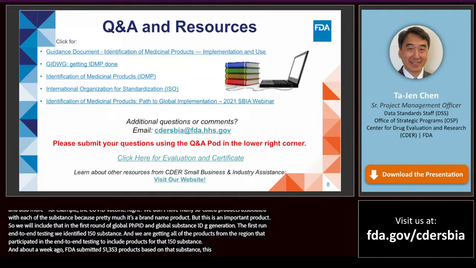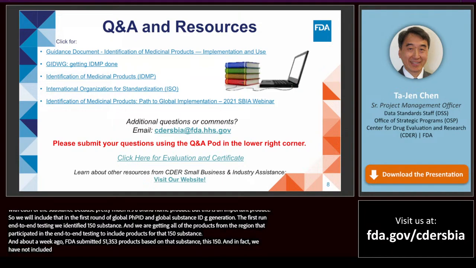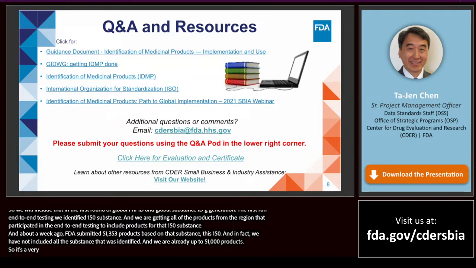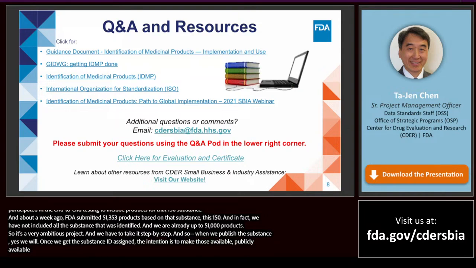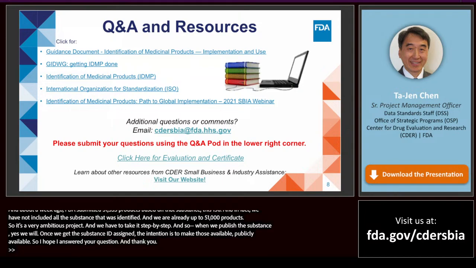In fact, we have not included all of the substances that were identified, and we're already up to 51,000 products. So it's a very ambitious project, and we have to take it step by step. When we publish the substances, yes, we will. Once we get all of the substance IDs assigned, the intention is to make those publicly available. So I hope I answered your question, and thank you.